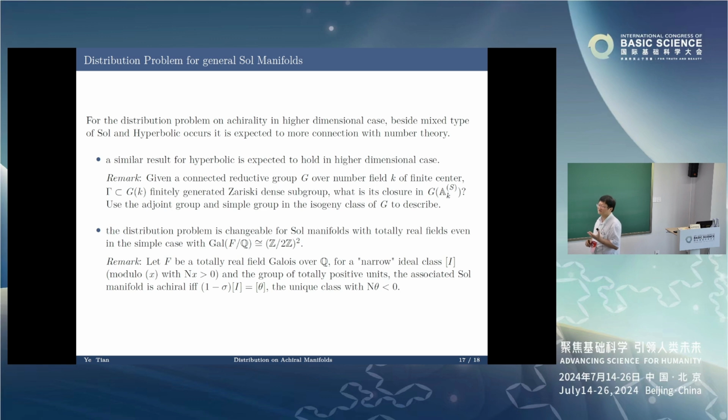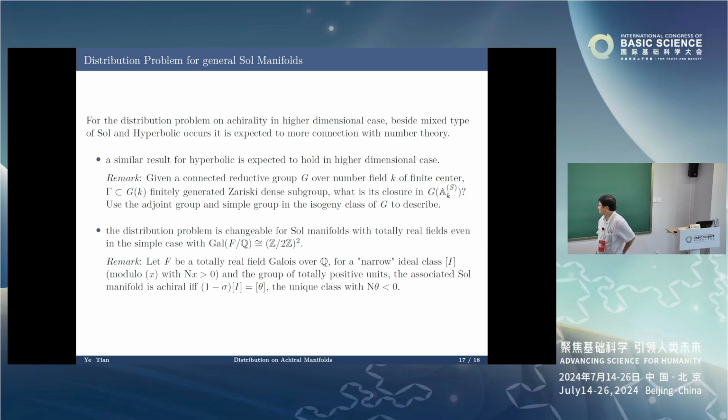If you think about this Sol manifold of high dimension, say over a totally real field with even degree over Q. So Hirzebruch and Zagier considered those manifolds and made a conjecture about the property of this Sol manifold with respect to high degree or general degree over a totally real field with general, even degree.